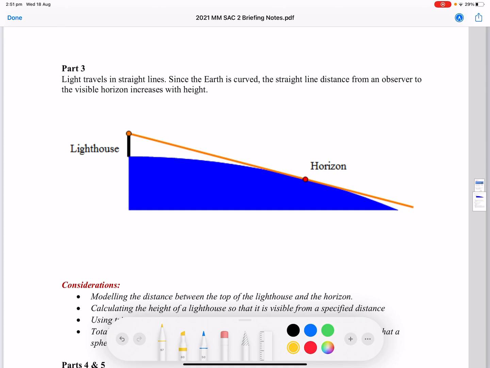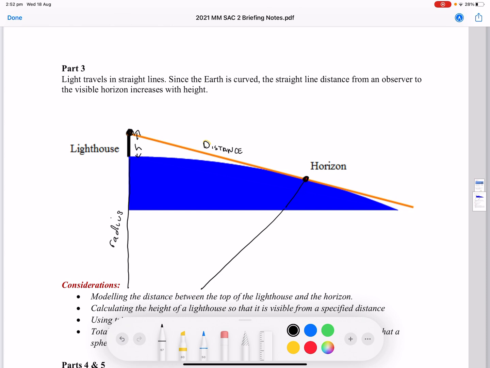So what we're going to be asking here is to find what this distance is between the top of the lighthouse, which is here, and the horizon. Now, the lighthouse is going to have a height. The other thing that you need to appreciate is that the Earth is spherical, and therefore it has a radius.